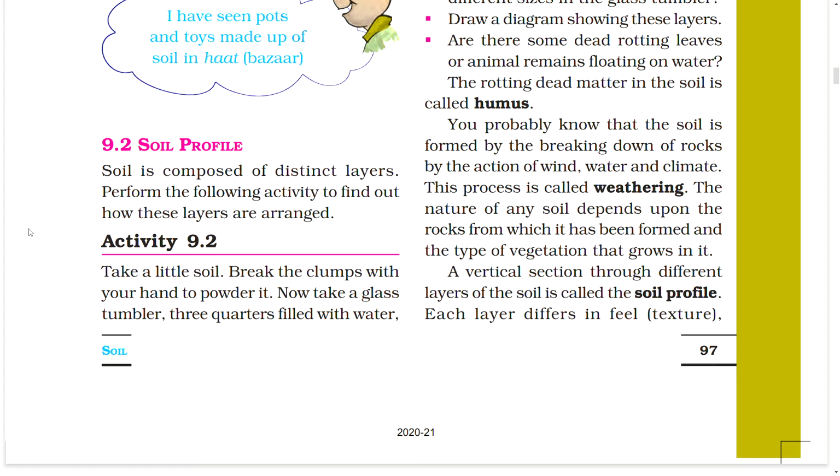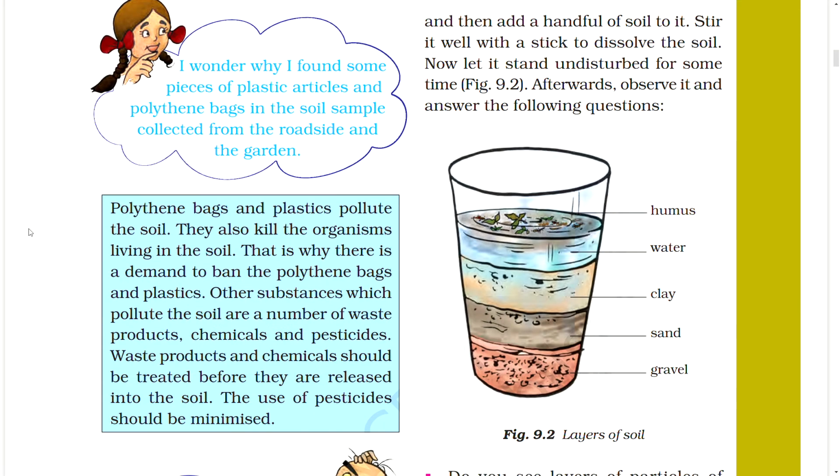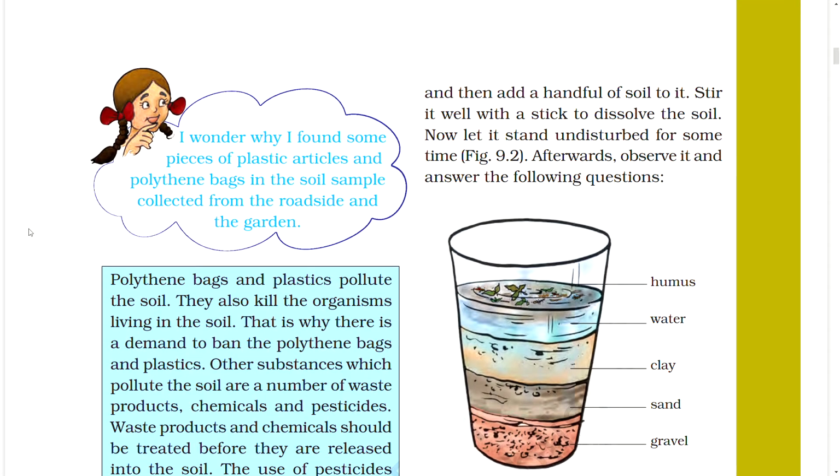Take a little soil, break the clumps with your hand to powder it. Now take a glass tumbler, three-fourths filled with water, and then add a handful of soil to it. Stir it well with a stick to dissolve the soil. Now let it stand undisturbed for some time.